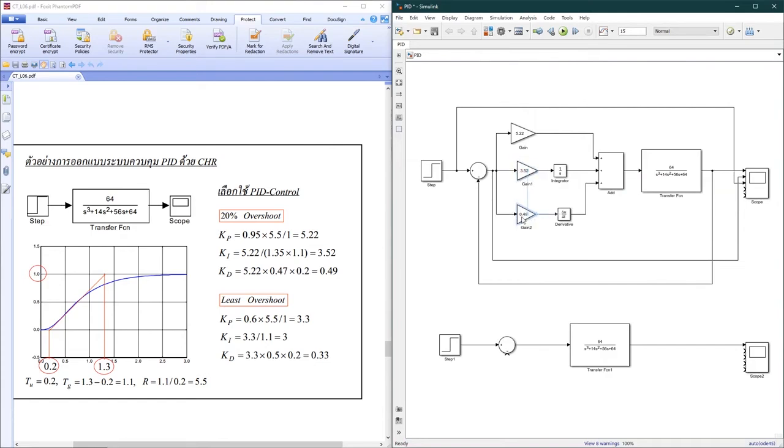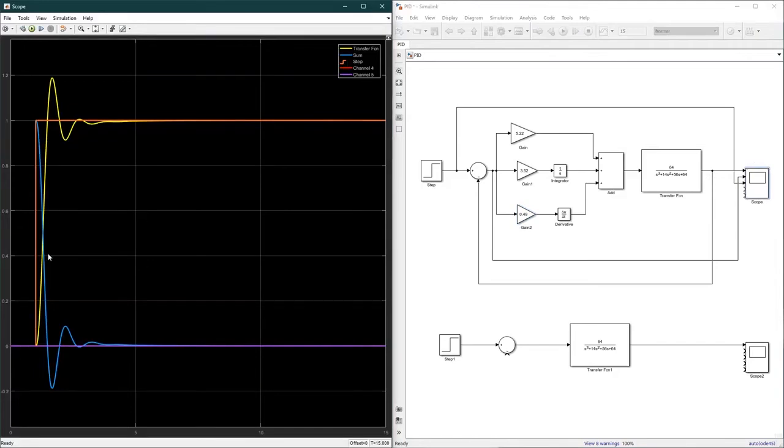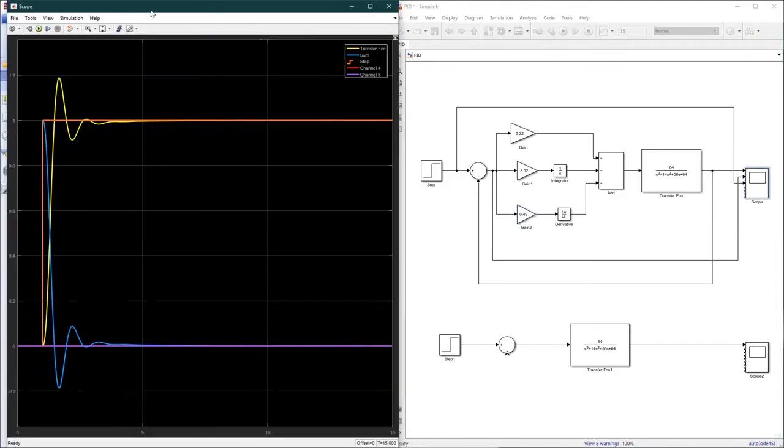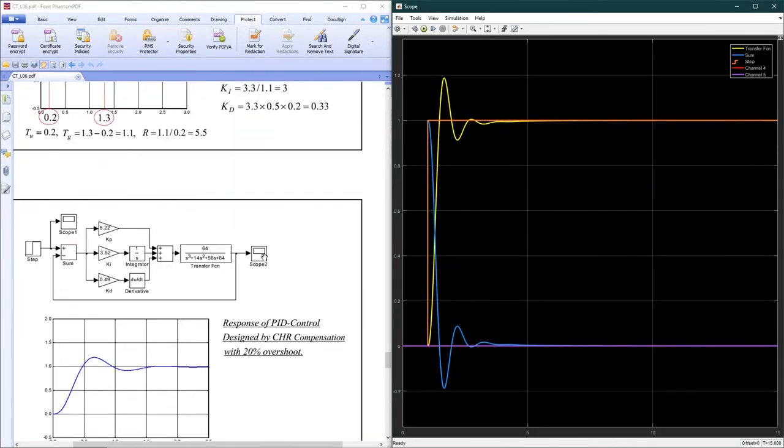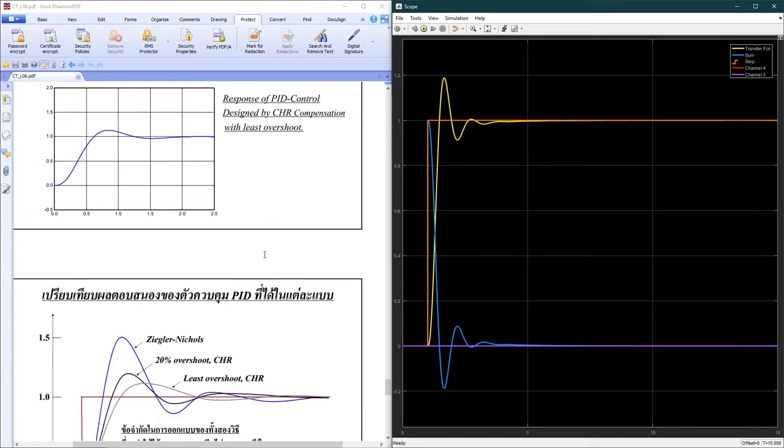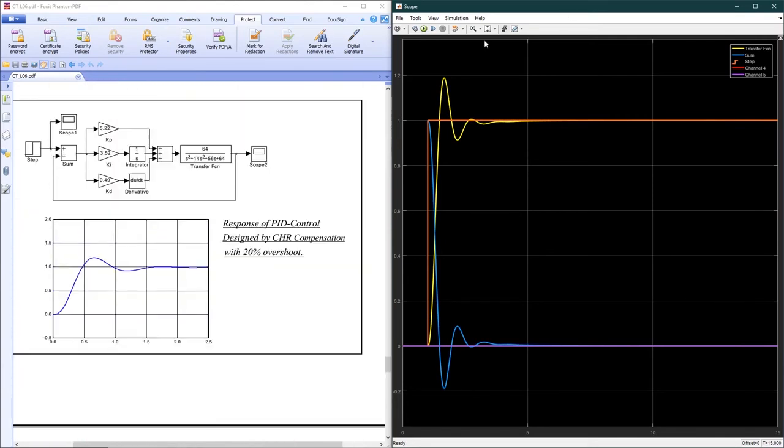Okay, we will have all the values like on paper and then run the model. This is the response shown in the yellow line. Here, overshoot is around 20% because the graph rises up to 1.2. It's about 20%.